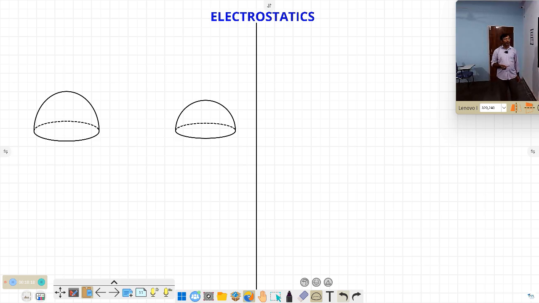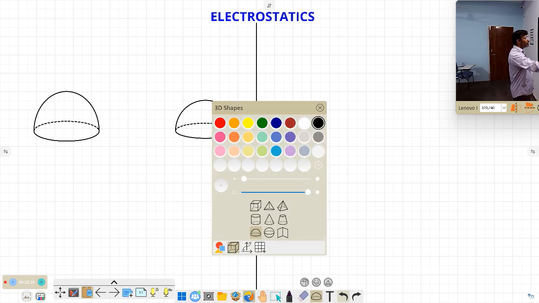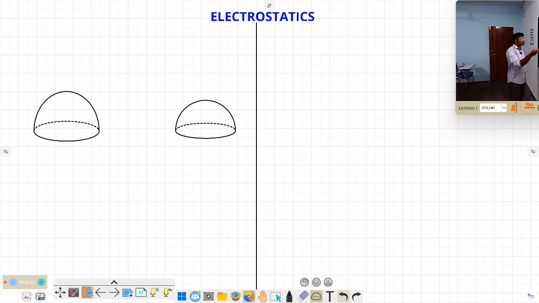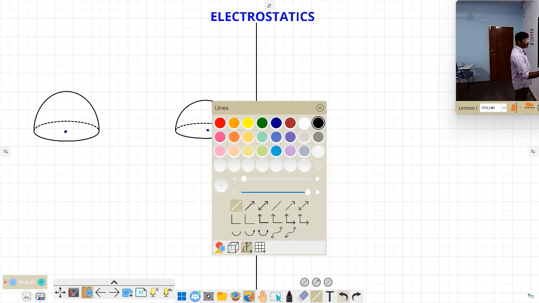Now we'll discuss flux due to some spherical shaped bodies at different points. So here I have taken two hemispherical bodies. This is the center of the first and this is the center of the second. Now I'm taking a line here.